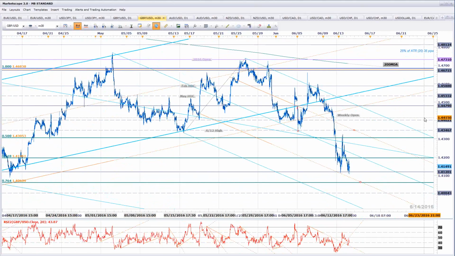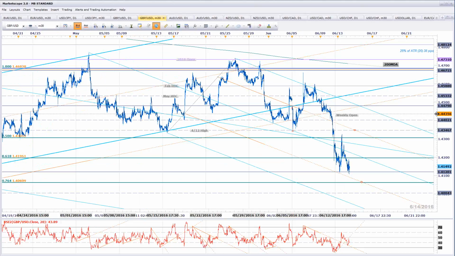Haven't personally taken any trades per se on sterling, guys. Been a little bit shook on this one. Again, those polls keep on coming out. Yesterday, midday, you did get a poll that showed a 6-point spread in favor of leaving. I do want to note that these polls aren't necessarily going to reflect what will actually happen. If you recall, the last time around, we got the Scottish referendum.